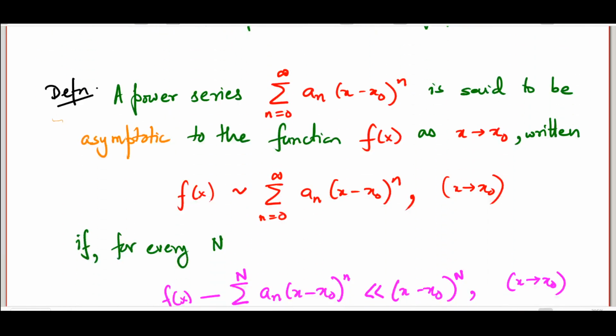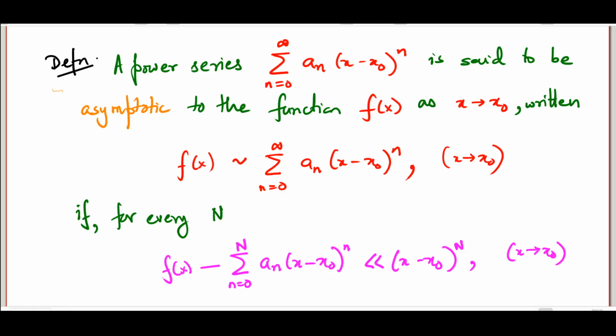A power series, the sum of a_n times x minus x0 to the power n, with n running from 0 to infinity, is said to be asymptotic to the function f of x as x goes to x0, and you write that with the tilde notation, f of x is asymptotic to this power series as x goes to x0, if for every positive integer capital N the following holds.